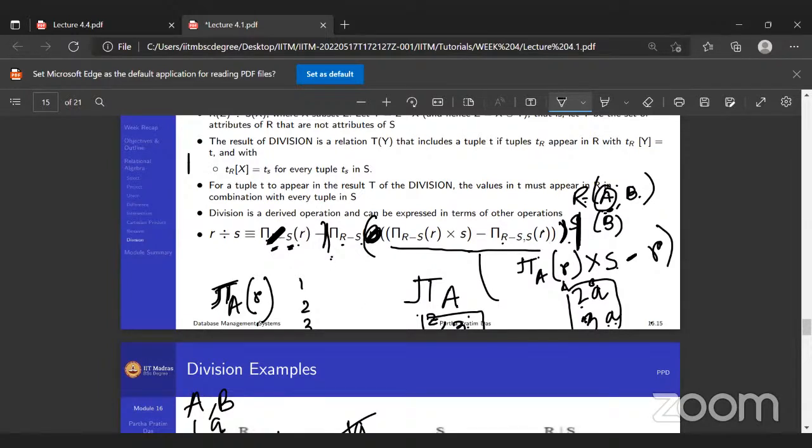This expression has the output 1, 2, 3 minus the whole expression, whose output is 2 and 3, right?